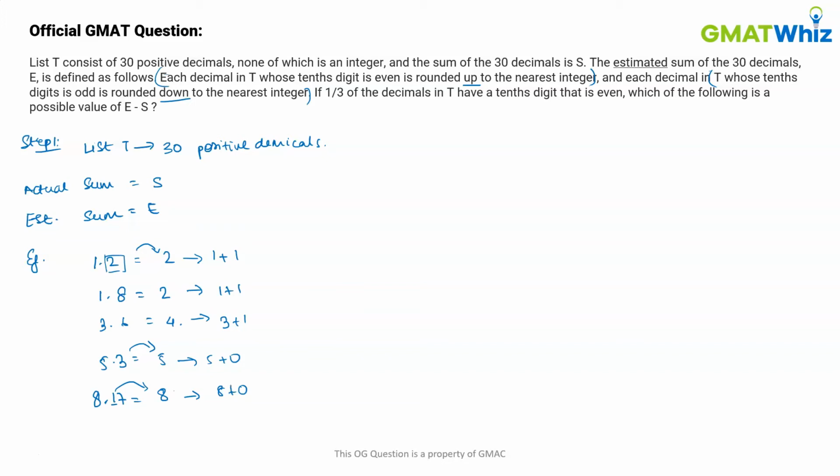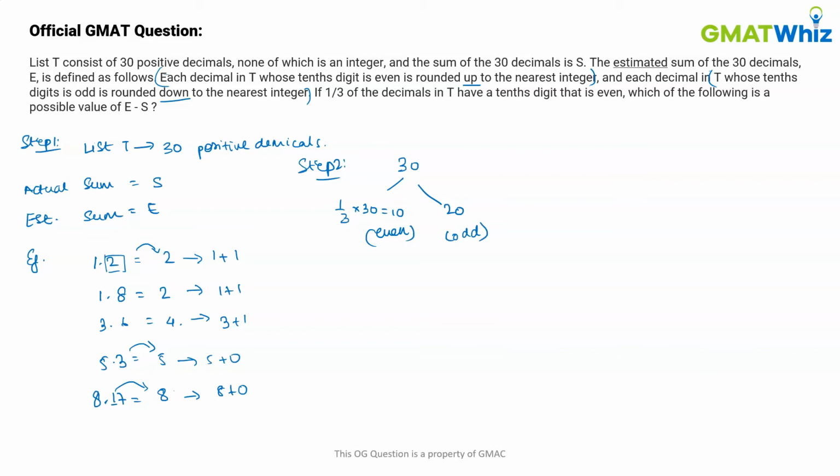So keeping this in mind, let's move on to step 2 and understand the methodology. We are also given that 1/3 of the decimals in T have a 10th digit that is even. That means out of 30, 1/3 of 30 is equal to 10. That means 10 of these decimals have a 10th digit which is even. Then the other 20 will have the 10th digit odd.